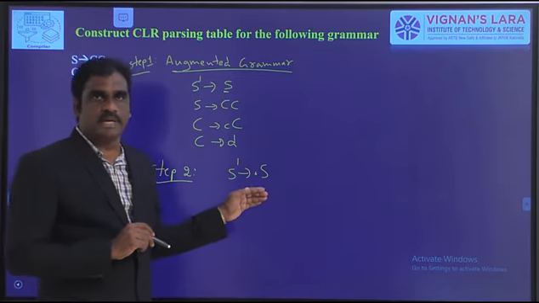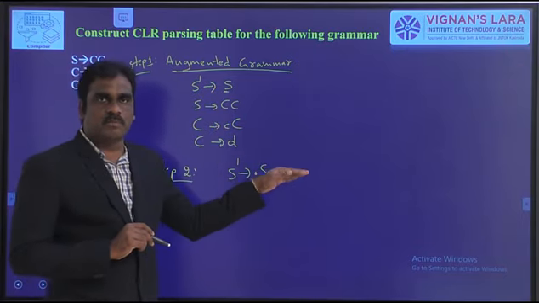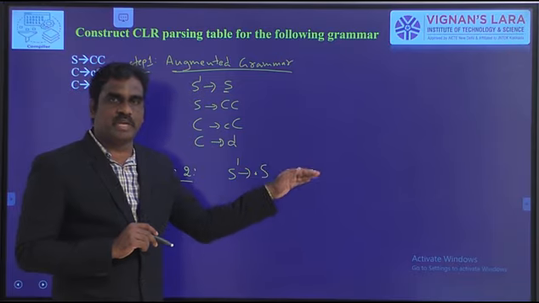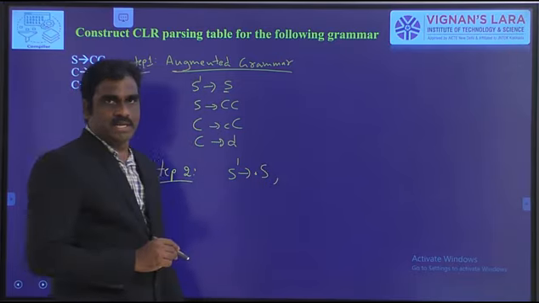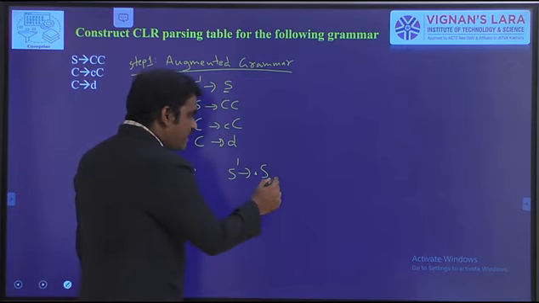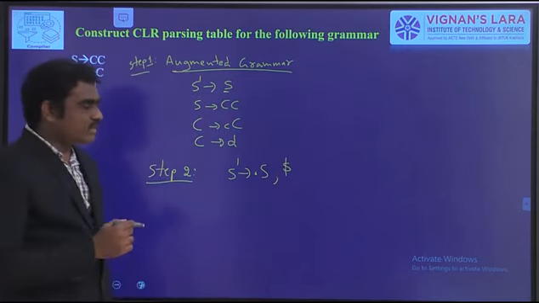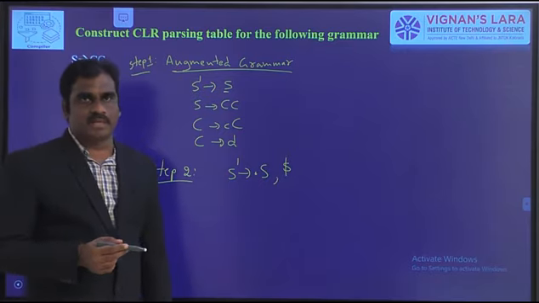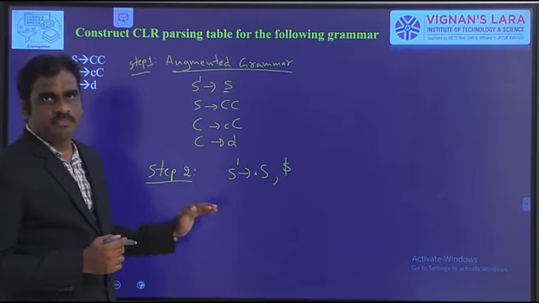The first component is a production and the second component is a lookahead symbol. Here we have to write the lookahead symbol separated by a comma. By default the lookahead symbol is $. So initially we write the lookahead symbol as $, by default.